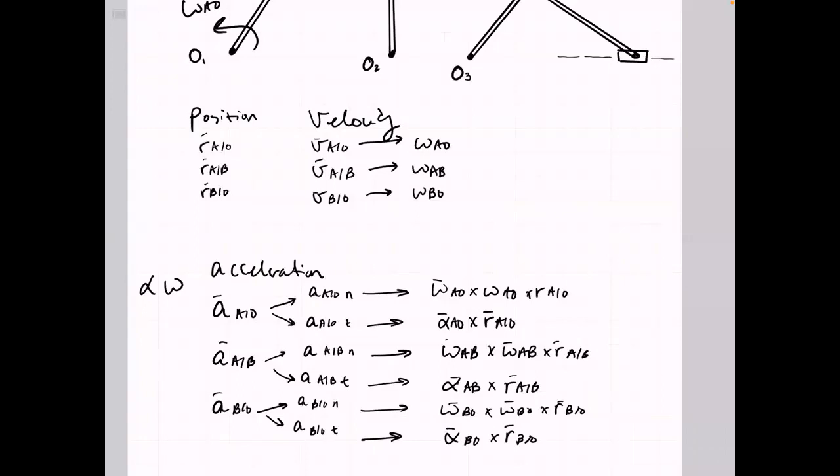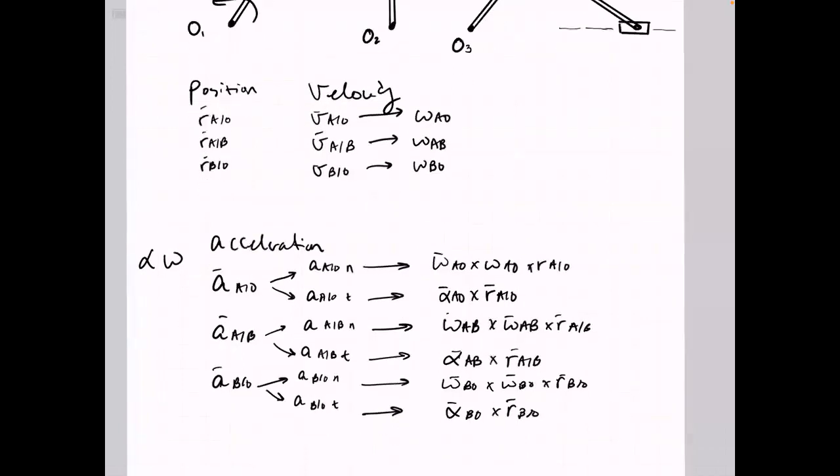Okay, so we have brought these down into all of their components, but what do we do with them now? And that is where the relative equations come into play.